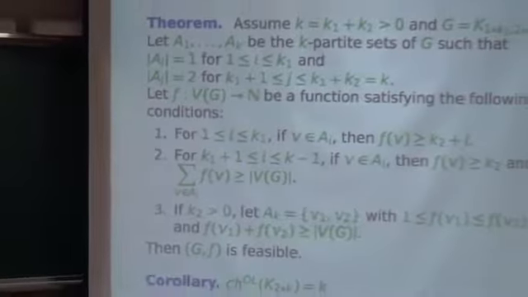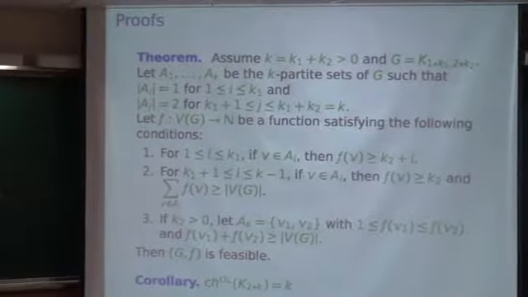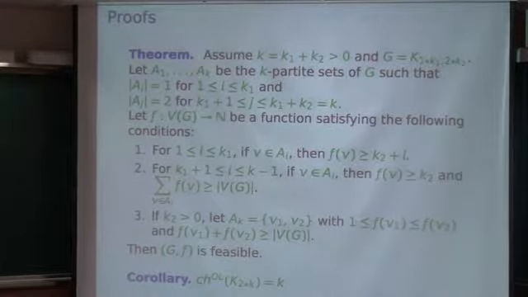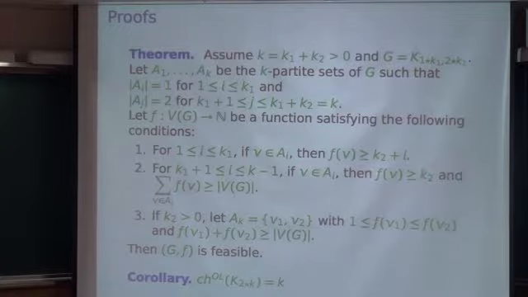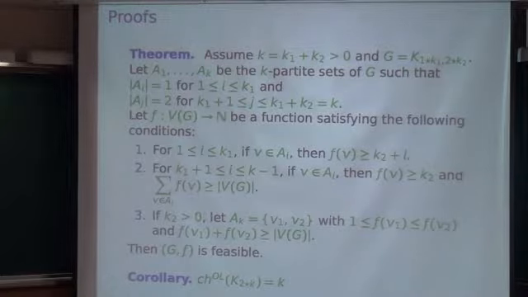So the proof looks ugly here. Let me explain the key point briefly. Actually, we want to show that if each vertex has k choices, then Bob is able to color. But here we actually use the strong version of mathematical induction.